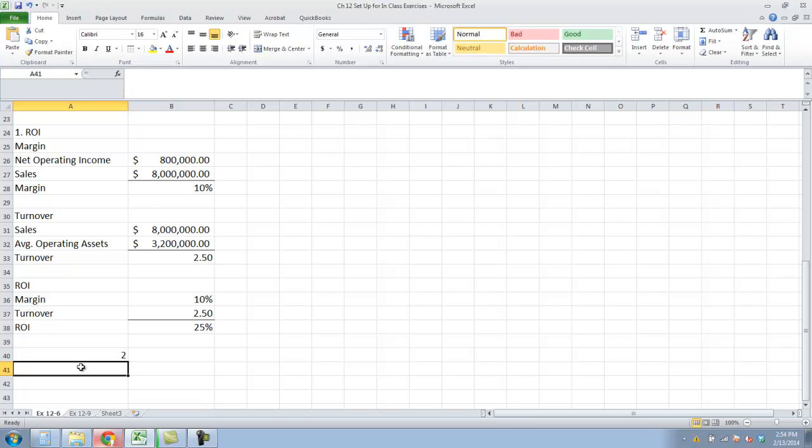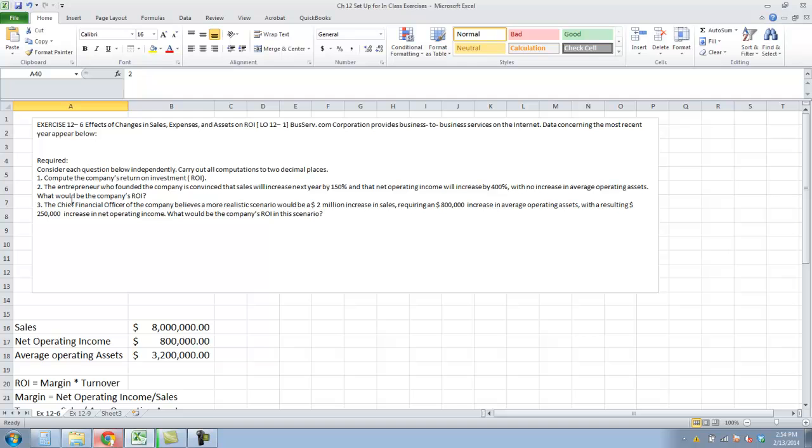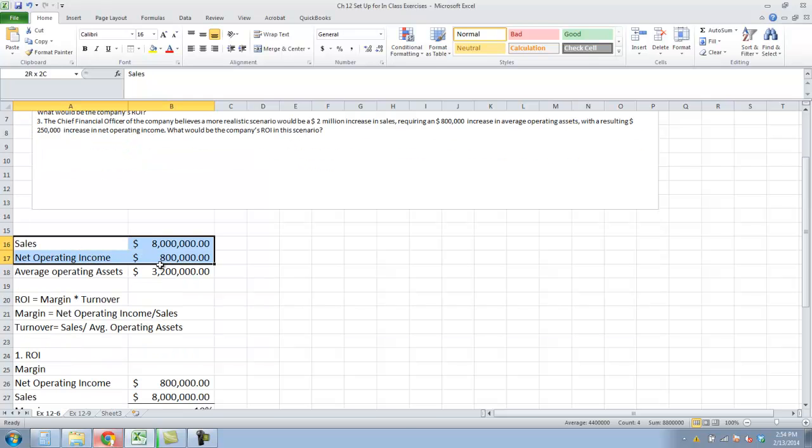Alright, problem part 2 here. The entrepreneur who founded the company is convinced that sales will increase by 150% next year, and net operating income will increase by 400%. No increase in average operating assets. What would be ROI? So I'm going to copy this.